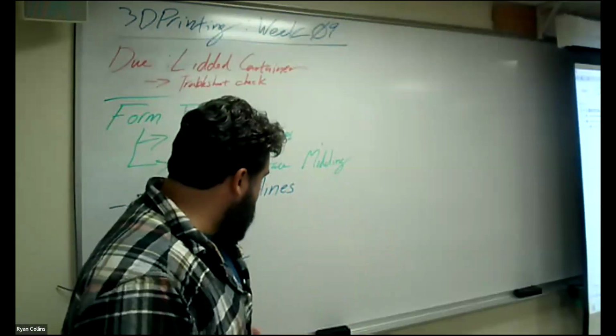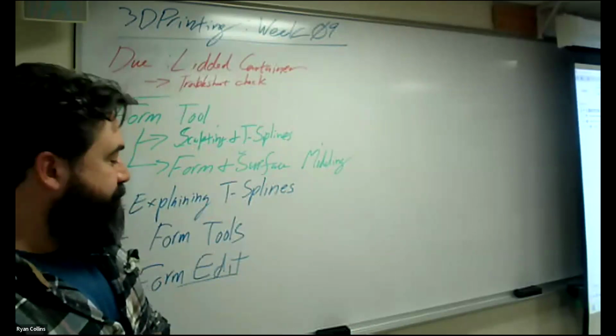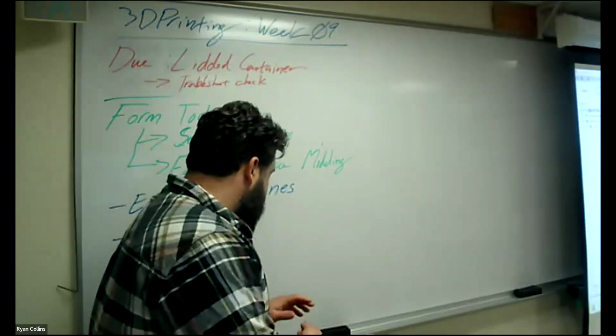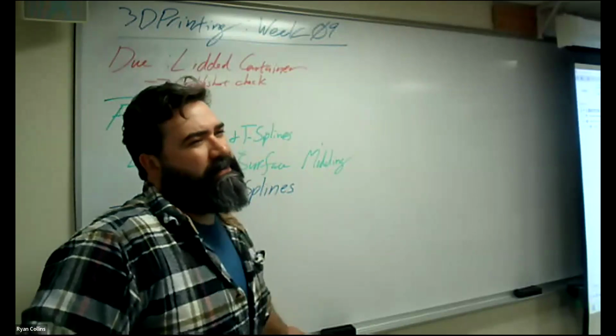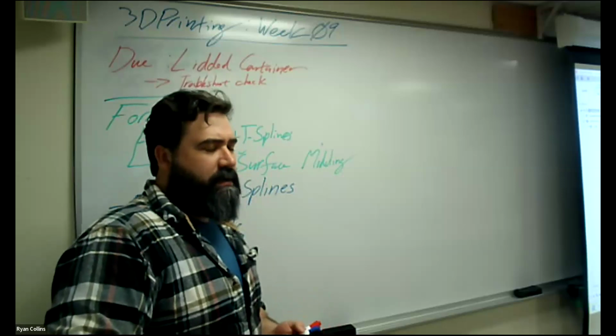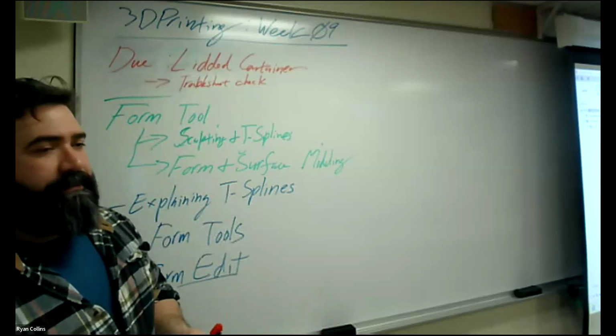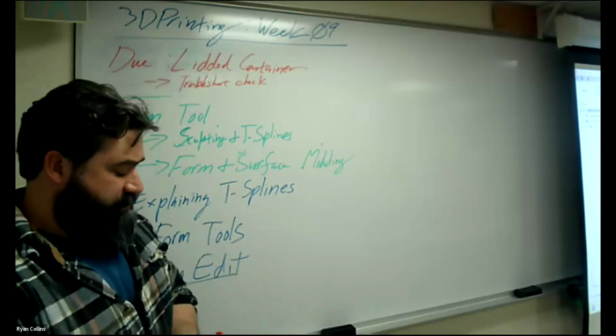But first, I want to talk a little bit about what's called T-spline modeling. There are two main different types. I can't remember which one SolidWorks uses. I know Rhino uses NURBS modeling. It's an acronym, but it doesn't matter, irrelevant for this part.